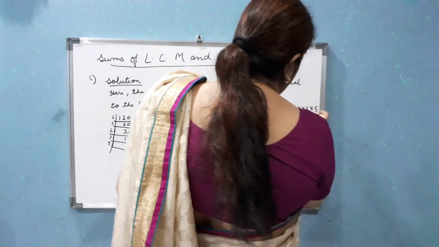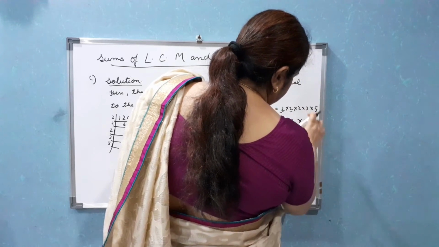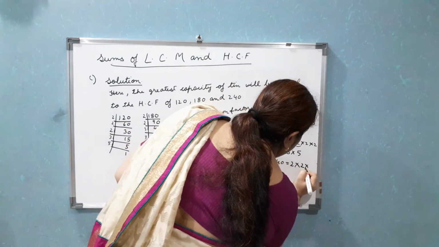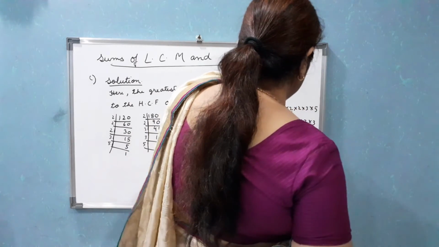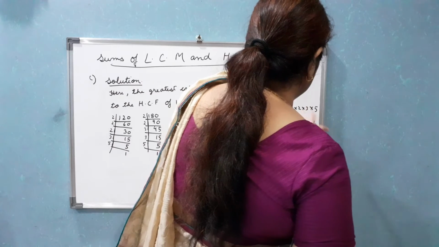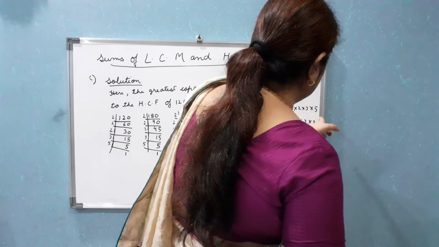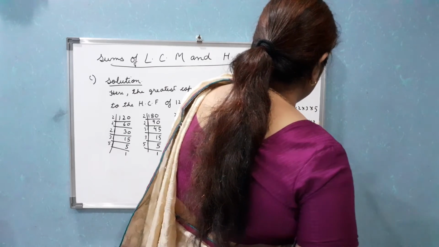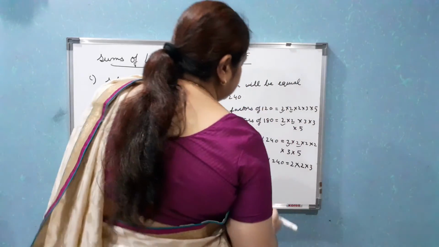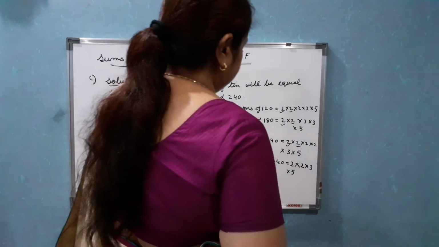Now see, shift to 3, then 3 is here, here and here, so into 3. Then 5, here is 1 3, so we have taken 1 in each. Then 5 is, yes, 5 is the another factor.